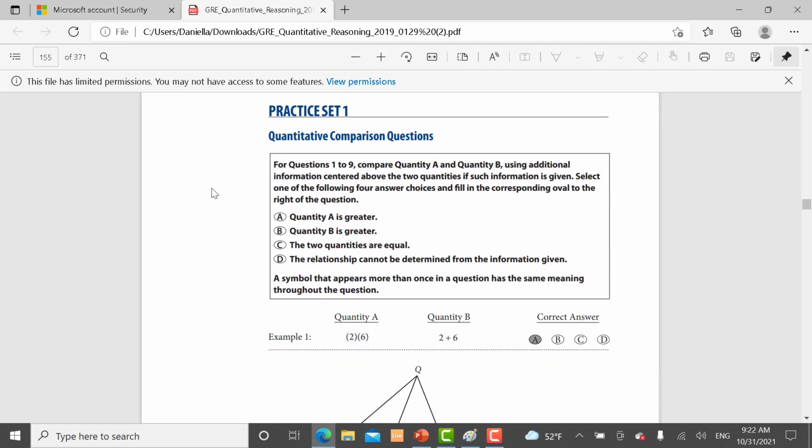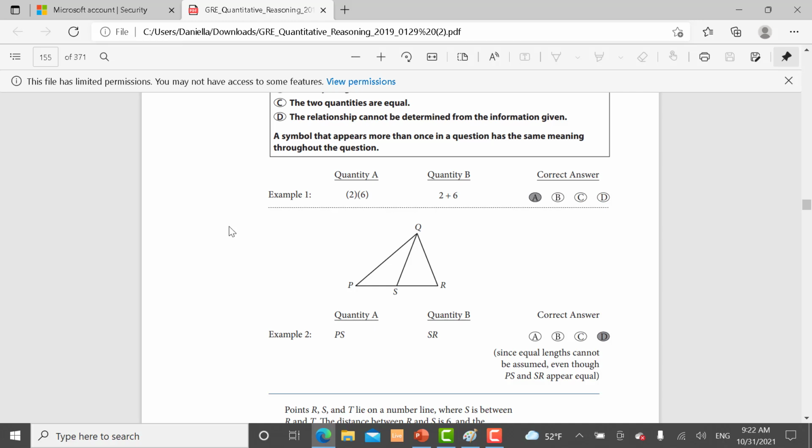First of all, to get you familiar with how the GRE test is, we need to be familiar with the types of questions. Here we have some examples.